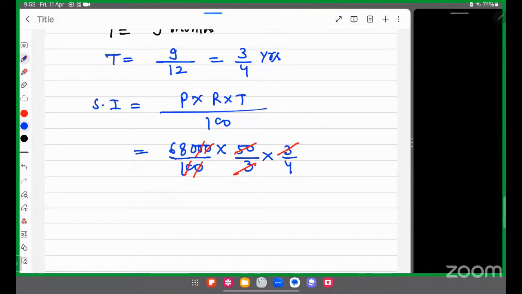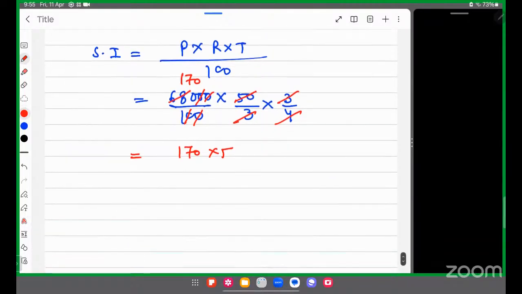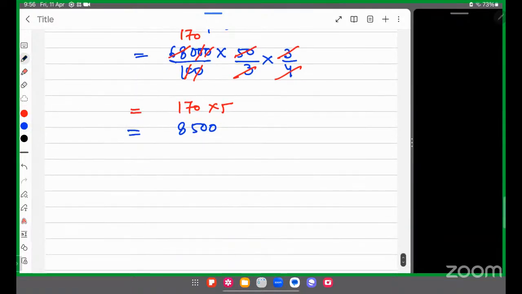Let me rearrange it, that will be far better. This is 68 into 5 into 4 by 4. 100 will be cancelled out by 17. Just cancel out by 17 times, right? So this will be 17 into 5. Am I right? Yes, sir. 850. So this will be 850 rupees. Understood?